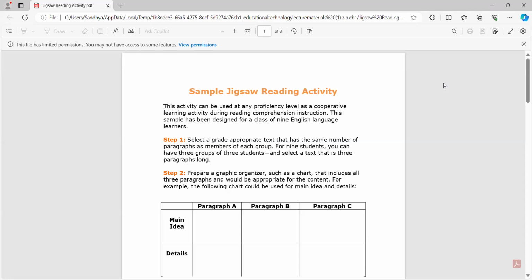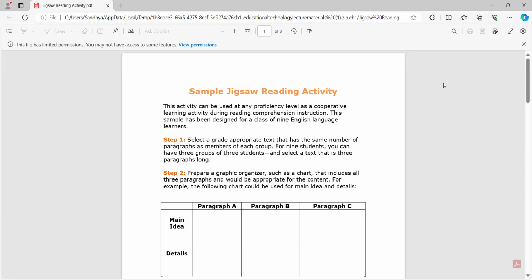It will definitely add variety to your classroom. So it's not only in language class. Even if it is a science lesson that they have to read and understand, even if it is a history lesson, you can divide them into pieces, chunk it, and then get them to form jigsaw groups.